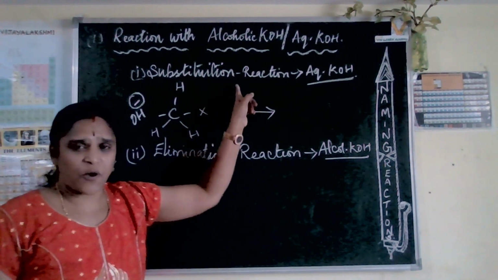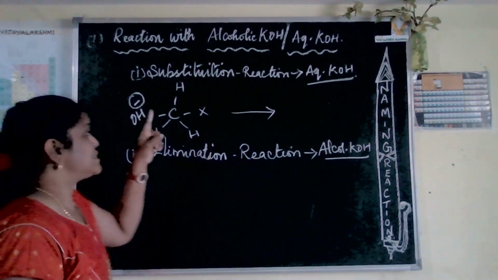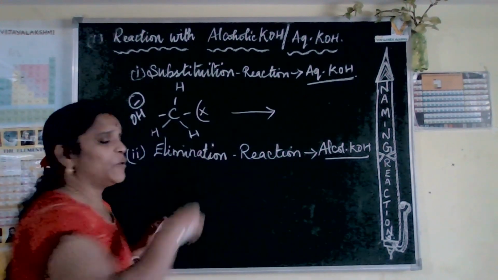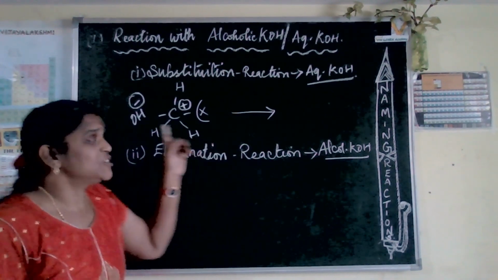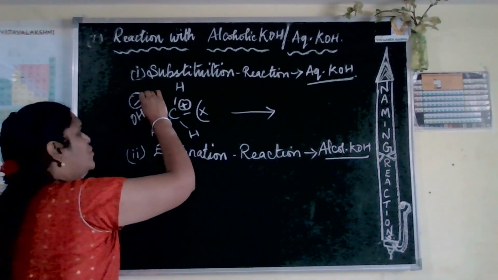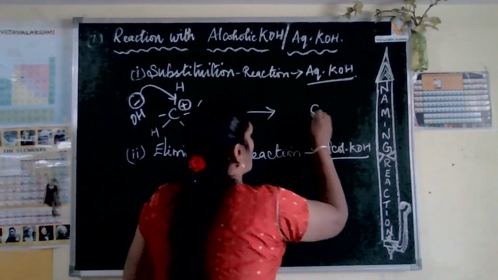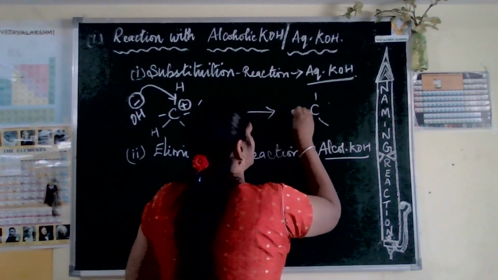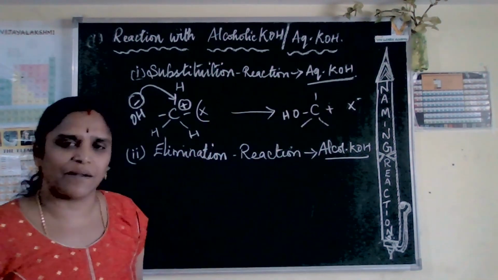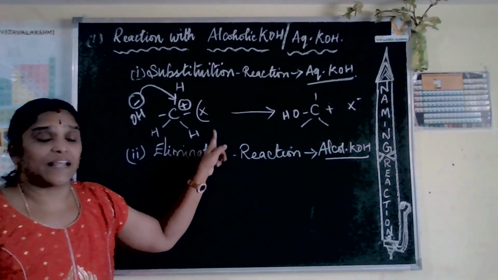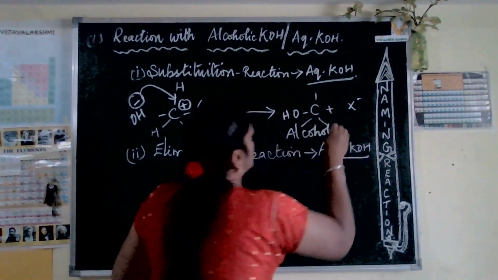Aqueous KOH completely dissociates and forms the nucleophile. The nucleophile is negative, and when you remove the halide, you get a positive charge, a carbocation. So when this positive charge is there, the nucleophile is going to attack the positive center only. Now what is the product you are receiving? Of course you are receiving OH, and then the halide is removed. So at this point you are getting alcohol as the product.